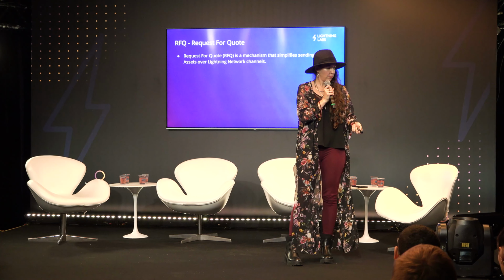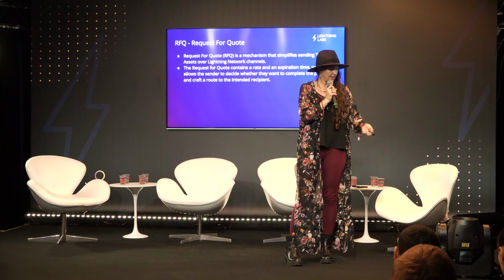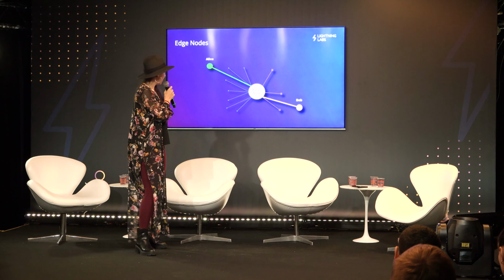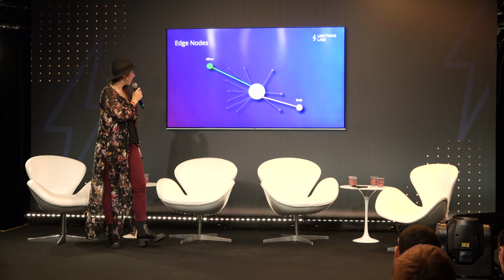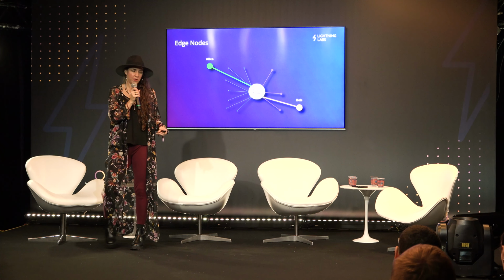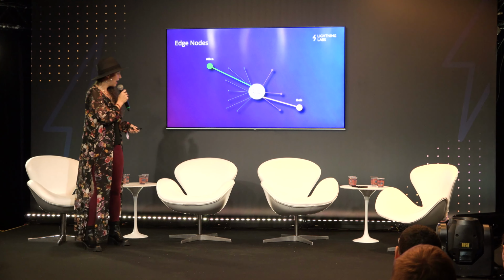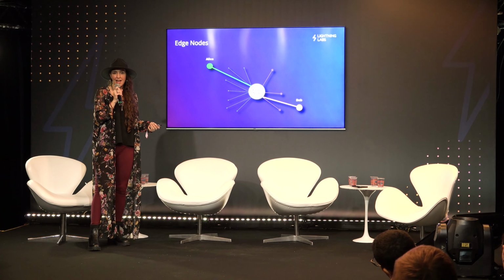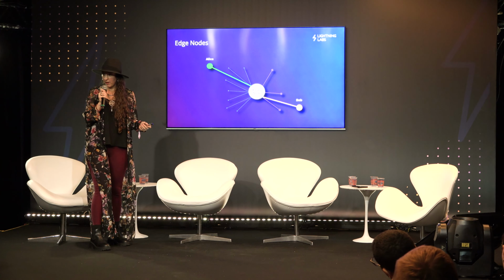And now let's imagine RFQ. I'm going to come right back to this because this is important. Hold on, there we go. All right, so we have our edge node and we have Alice and Bob. Now Alice has a US dollar stablecoin and she has opened a channel with this edge node provider. And Bob doesn't care at all about that stablecoin. Bob has sats and he doesn't want to care about that stablecoin, right?